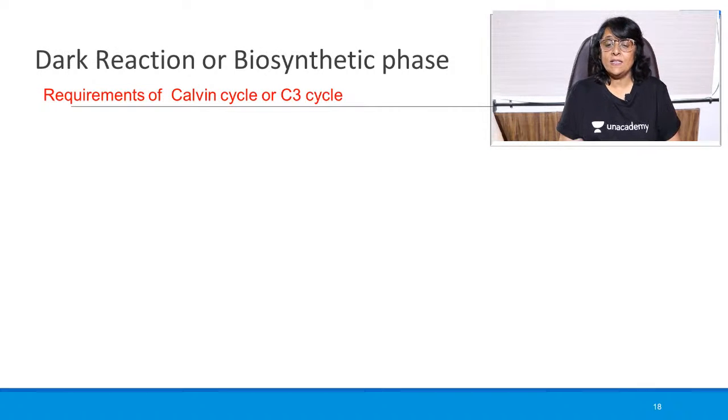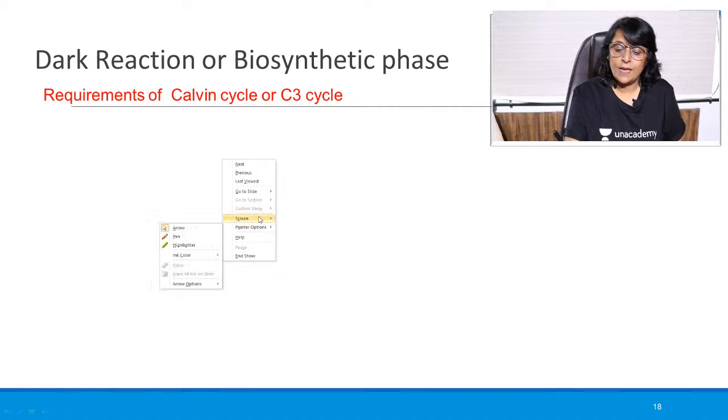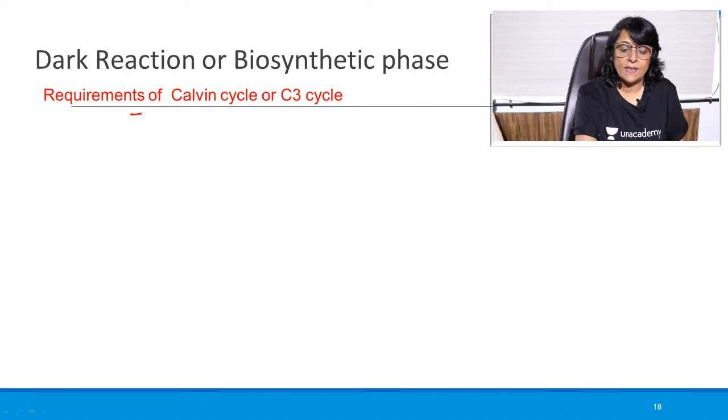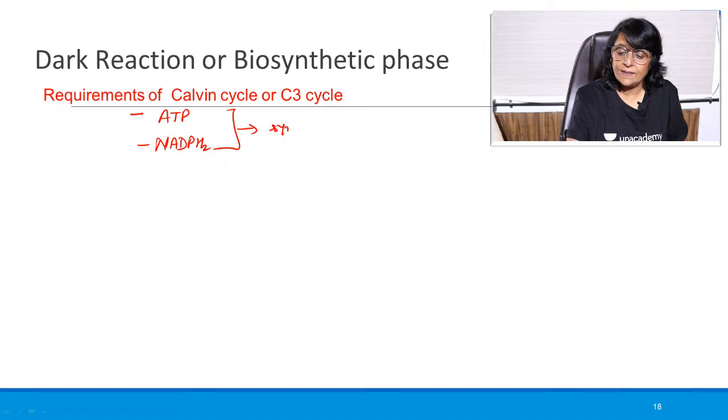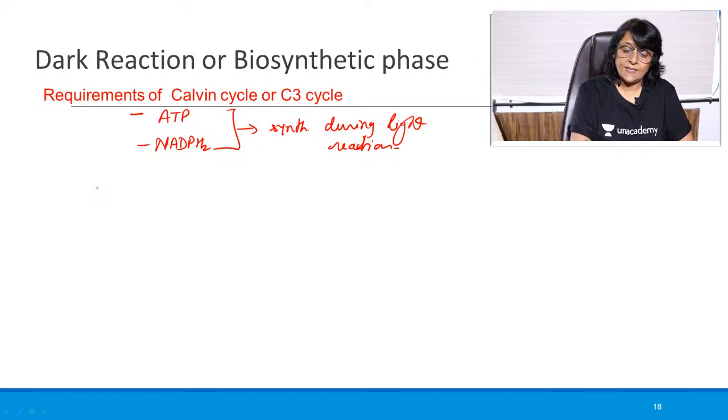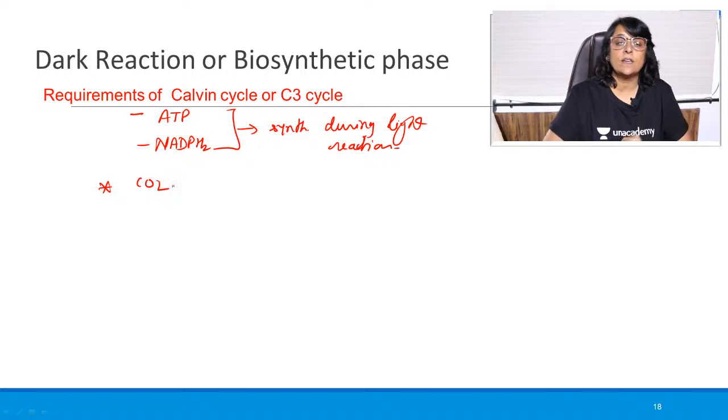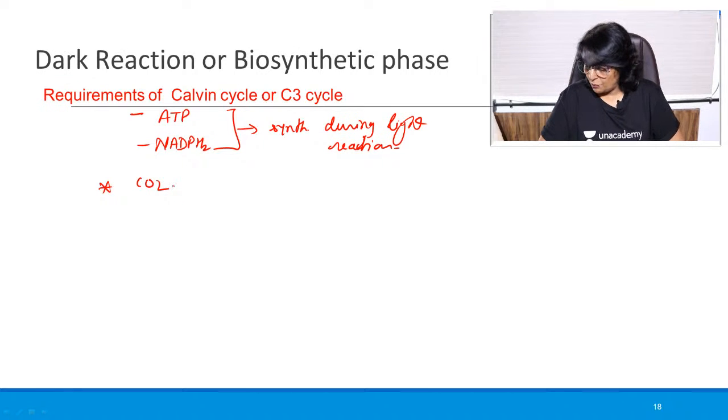Now, what is required for Kelvin cycle to take place? Requirement is ATP, requirement is the reducing power. Both these things are synthesized during light reaction. And obviously carbon dioxide is required, which is to be reduced.